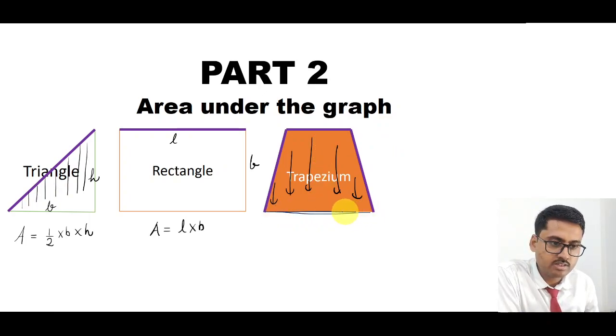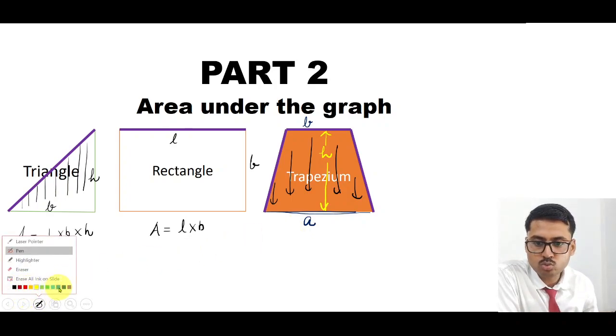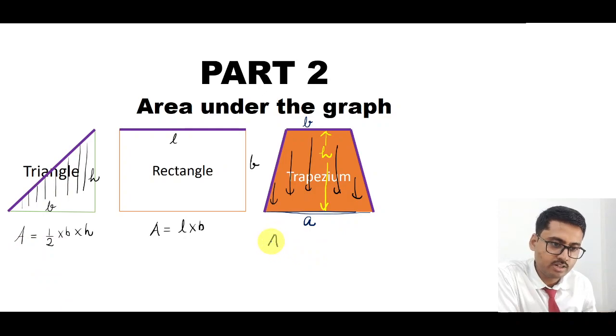If I call this A and this upper one B, and the distance between these two parallel sides H, then the formula is: area A is equal to the average of the two parallel sides, that is half (A plus B). So (A plus B) by 2 means the average of A plus B, multiplied by the height, or the distance between the two parallel sides, which I'll take as H.